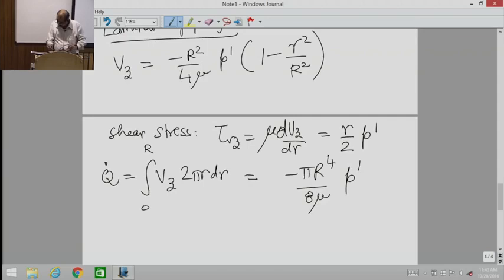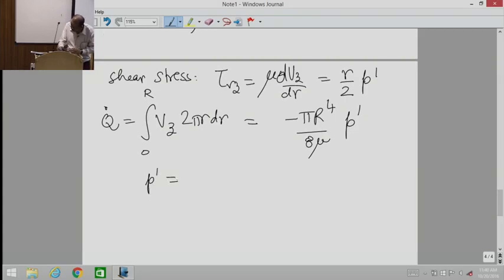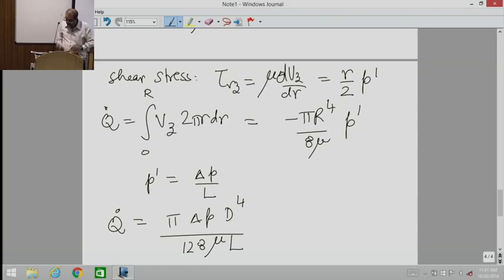And if P prime we write it as delta P upon L, then what we get is Q dot is equal to pi, I'm just copying it because these are the things which you can work out, delta P d^4, it becomes 128 mu L because I've converted R to D.